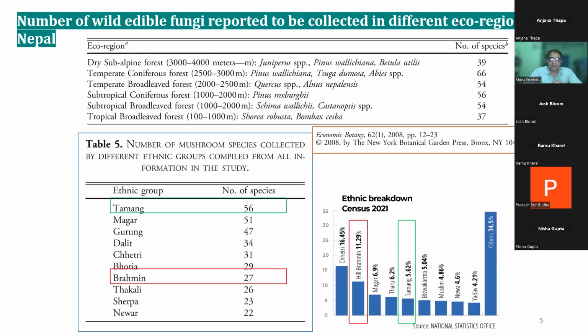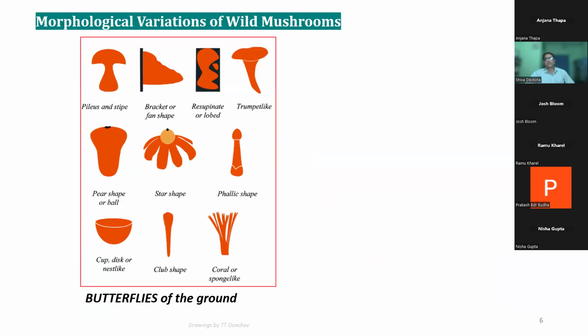So next, talking about the morphological variants of wild mushrooms, because as Dr. Bloom said, Dr. Bloom has highlighted several cases from the USA, but the real scenario is Nepal, because we have several incidents tragically every year, but we don't know which mushrooms they have consumed.